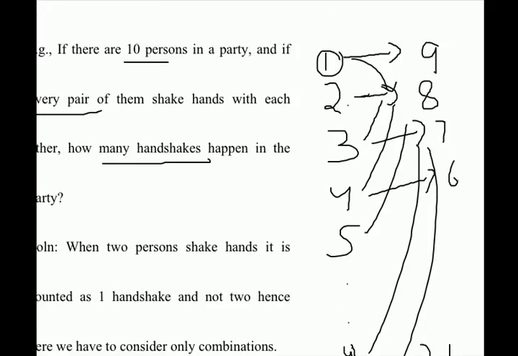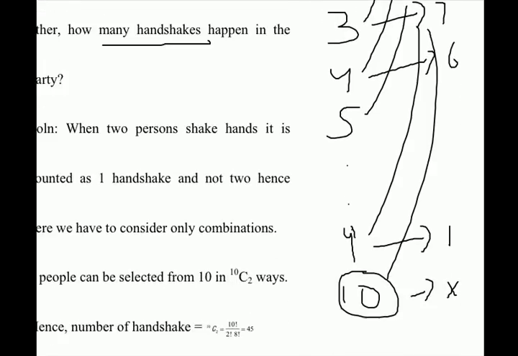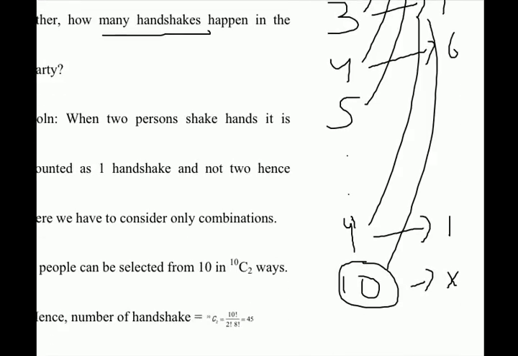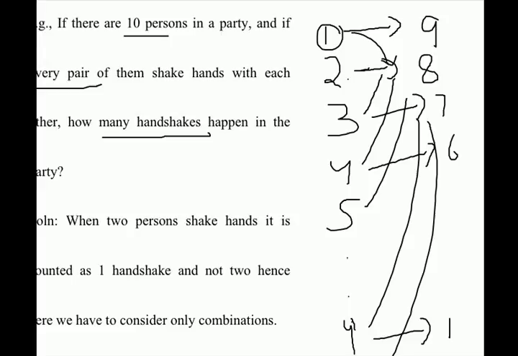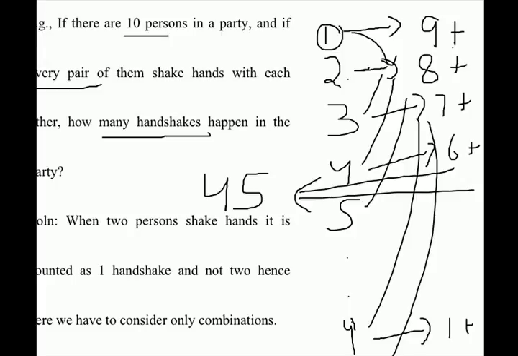So essentially the total number of handshakes would simply be 9 plus 8 plus 7 plus 6 all the way to 1, which basically totals 45. So if you add 1 to 9, you'll get the answer 45.